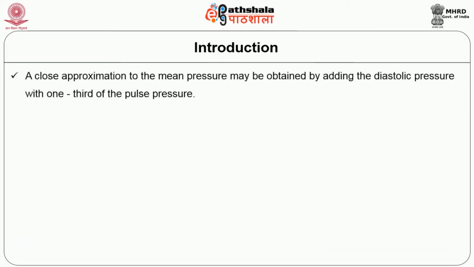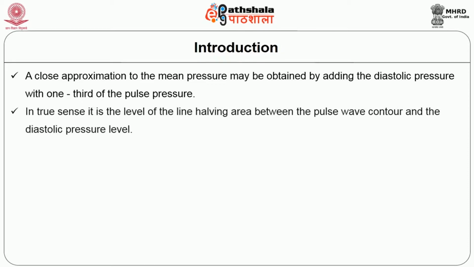But a close approximation to the mean pressure may be obtained by adding the diastolic pressure to 1/3 of the pulse pressure. In the true sense, it is the level of the line halving the area between the pulse wave contour and the diastolic pressure level.